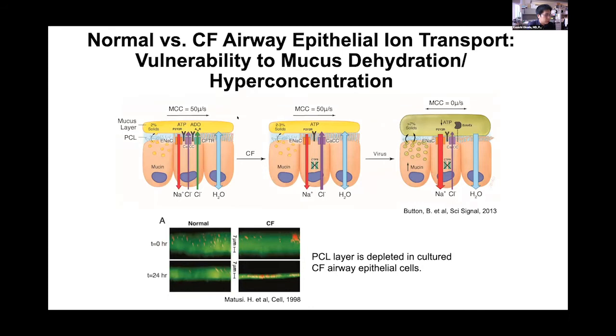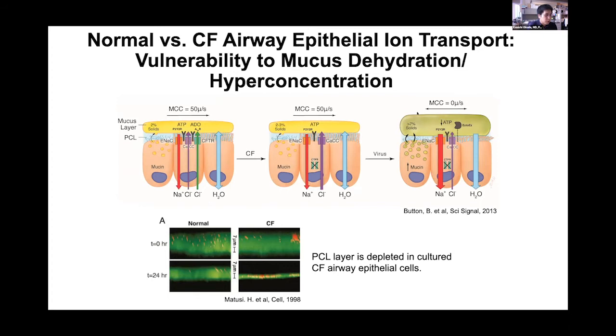This fluid secretion regulated by CFTR is important in CF pathogenesis, because if CFTR doesn't work well, mucus is still produced by virus or bacterial infection or other reasons. So the mucus accumulates but is not hydrated by fluid secretion.